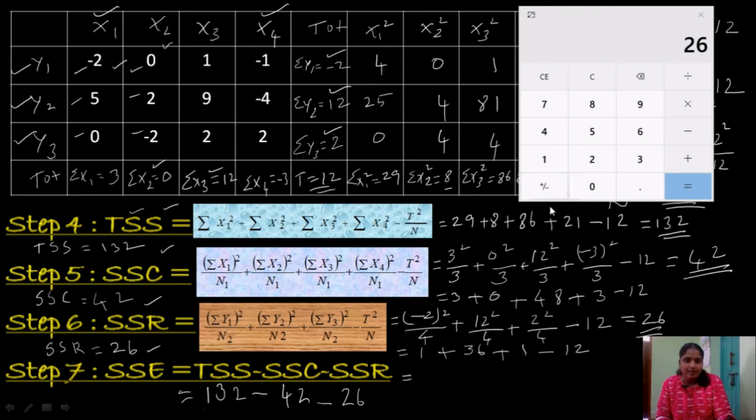By adding all these values, that is 132 minus 42 minus 26, we get the total as 64. So our SSE is 64. So we calculated all the values that we need to calculate the F ratio for column and also for row. So let me now move on to the two-way ANOVA table.